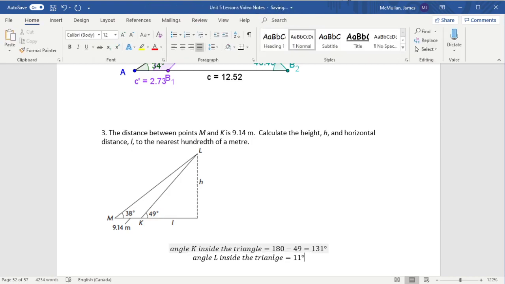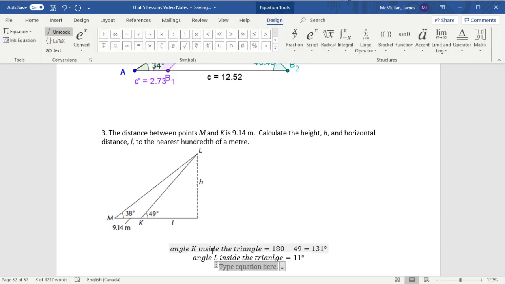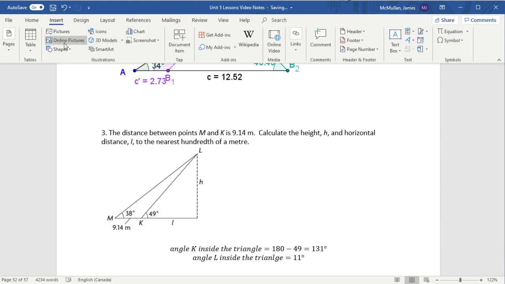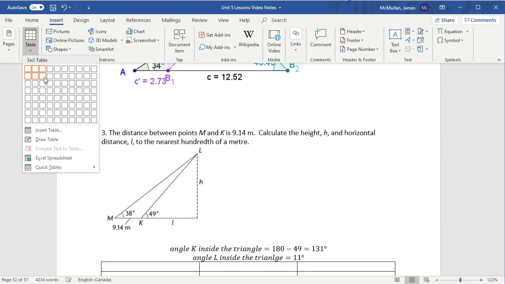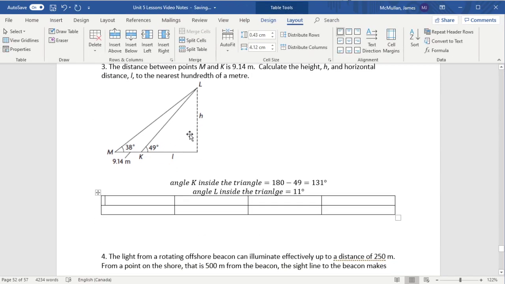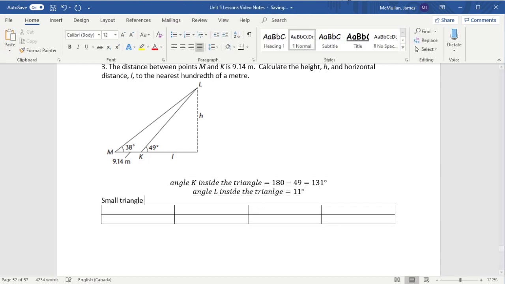Now, we know the three angles inside the triangle, and we know that the bottom side is 9.14. Therefore, we'll just do this properly so you can see what I'm talking about. Again, forget this thing on the outside here for a second, and let's just work on the small triangle MLK.